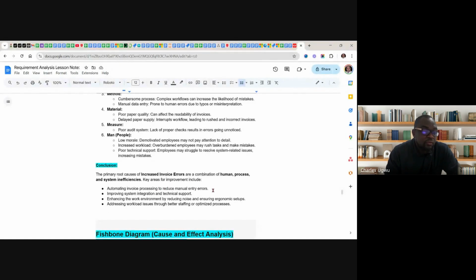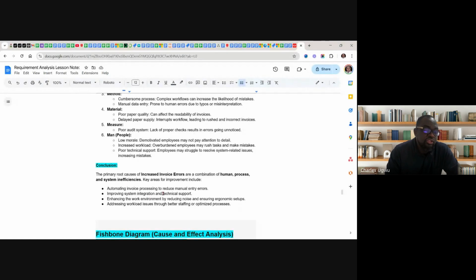Key areas for improvement: automating invoice processing to reduce manual entry errors, improving system integration and technical support, enhancing the work environment by reducing noise and ensuring ergonomic setups, and addressing workload issues through better staffing and process optimization.